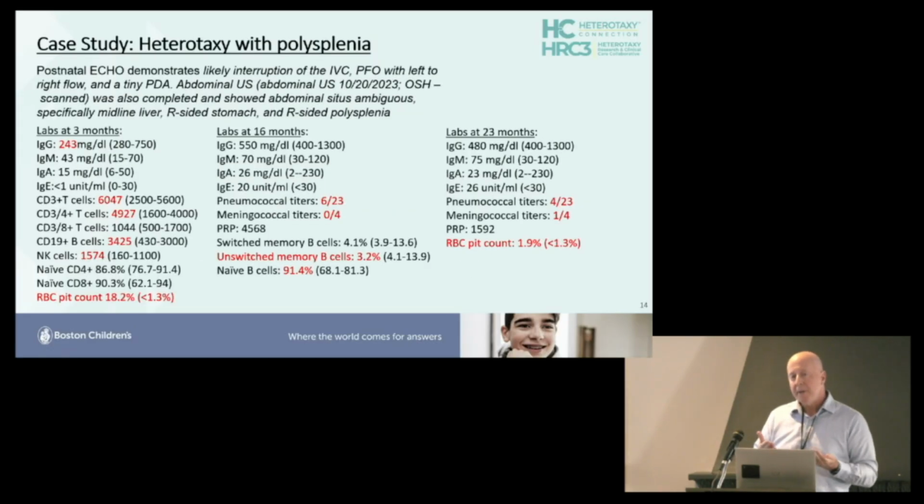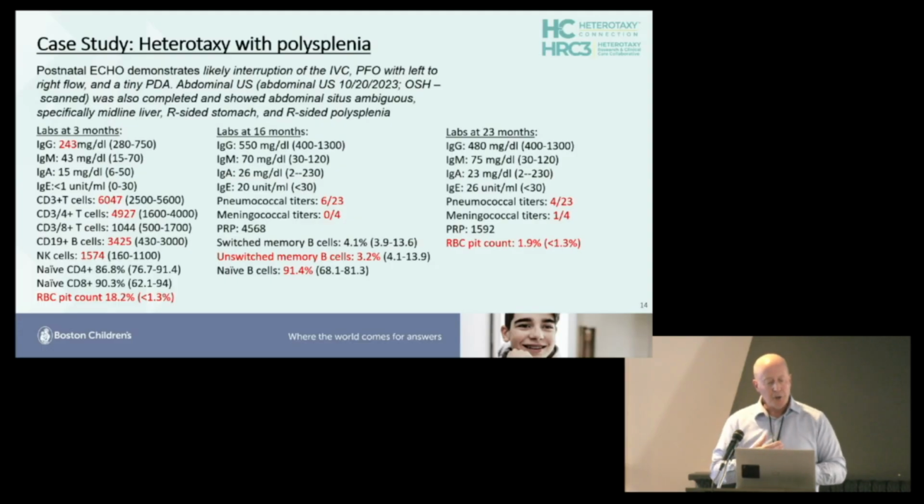So I thought it might be helpful to review a case that I'm following currently. So this is a boy who has relatively mild cardiac disease, but has abdominal situs ambiguous and right-sided polysplenia.